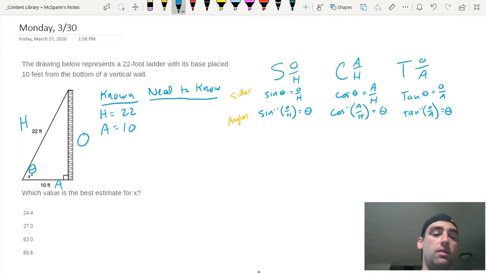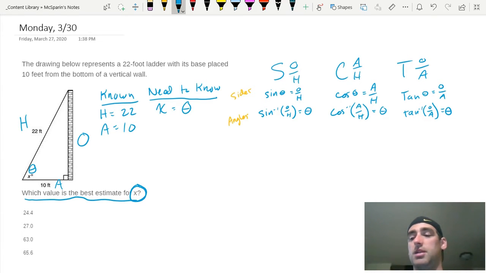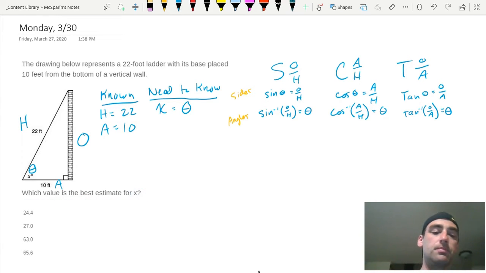My need to know right here, which value is the best estimate for X? So I'm trying to find X, and that's theta. Theta is my need to know. So let's take a look and see. H and A is going to match up with H and A for cosine.